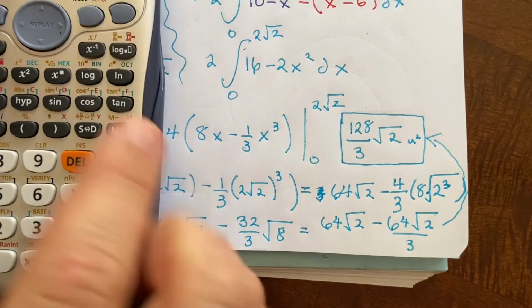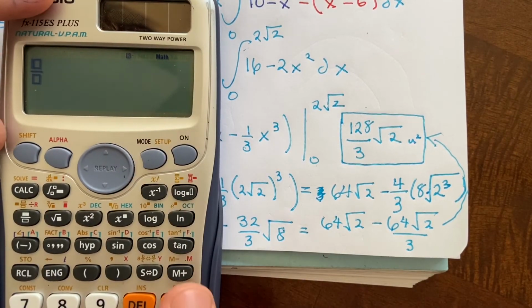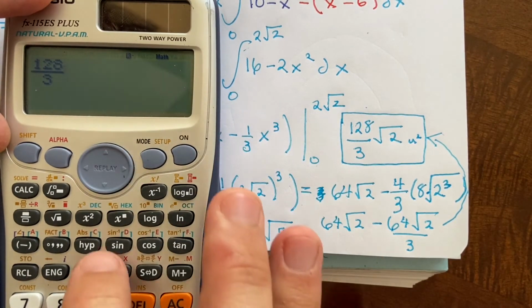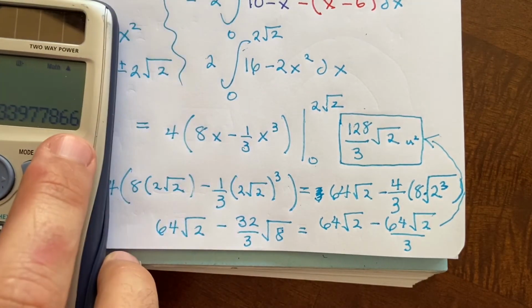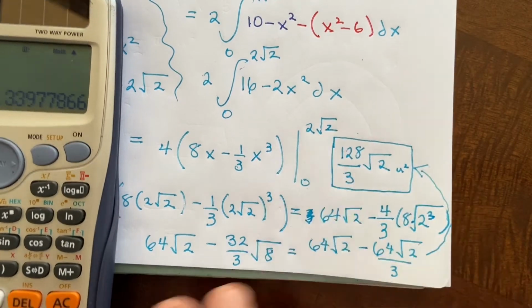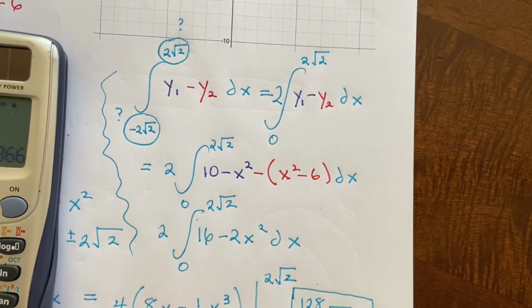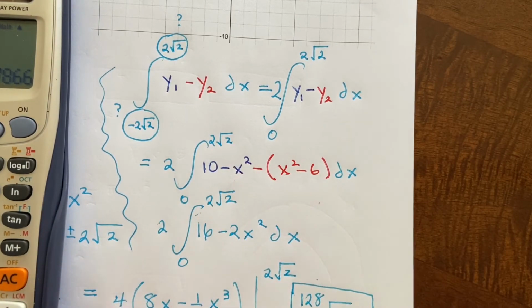Let's see what that answer is, approximately. So 128 over 3 root 2. It's about 60.33. If I check my work, I'm going to go back to this integral right here to check my work. So I'm assuming that my work was okay up to this point.